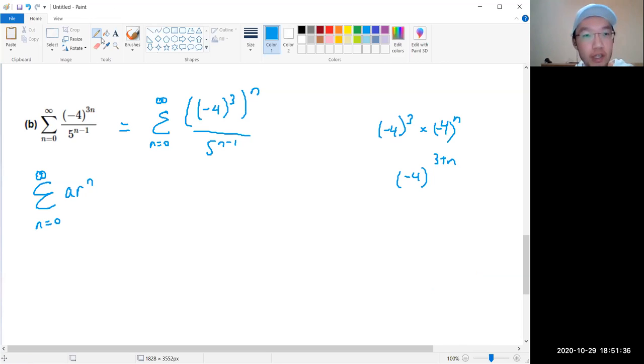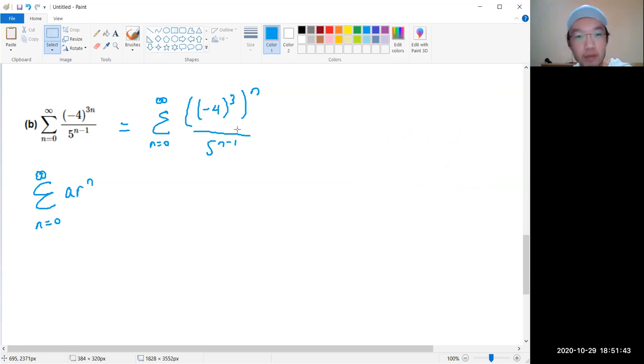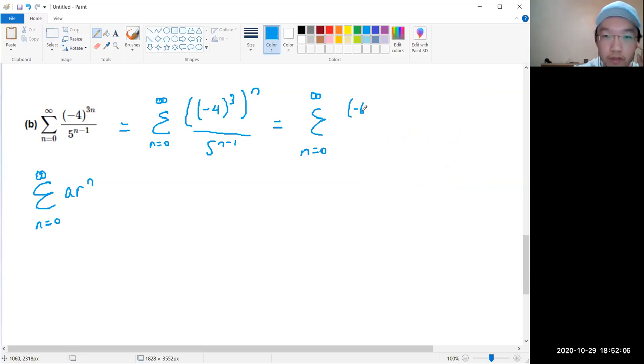Yeah, so just be careful on that. When you multiply stuff, you add the exponents, but when you have a power to a power, that's when you multiply the exponents. So this one would be the way to rewrite it. But that's okay. So the numerator is fine. We have a power of n. More specifically, -4 to the third power is -64. So this is -64 to the nth power.